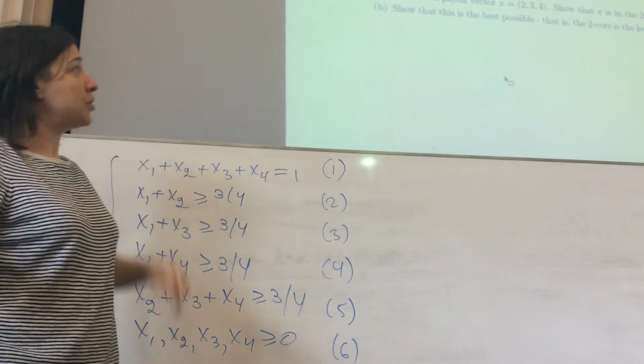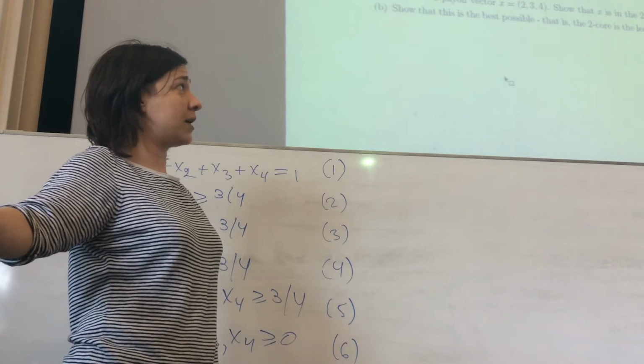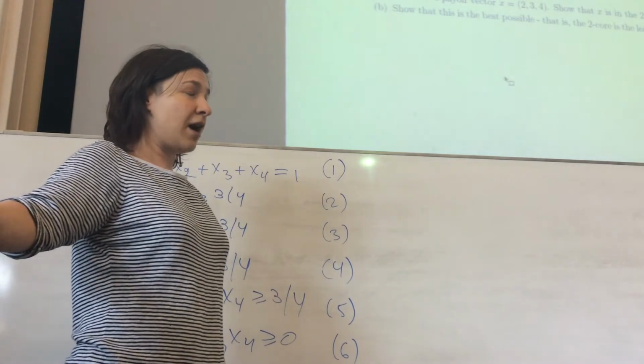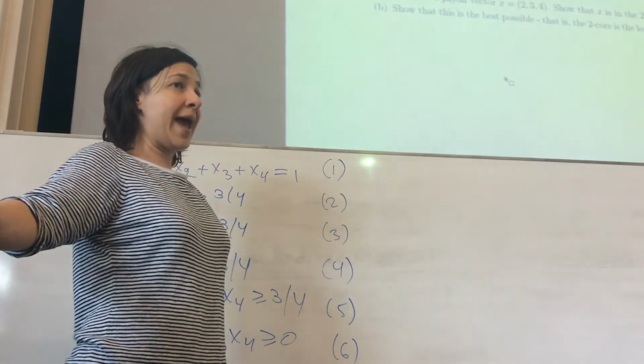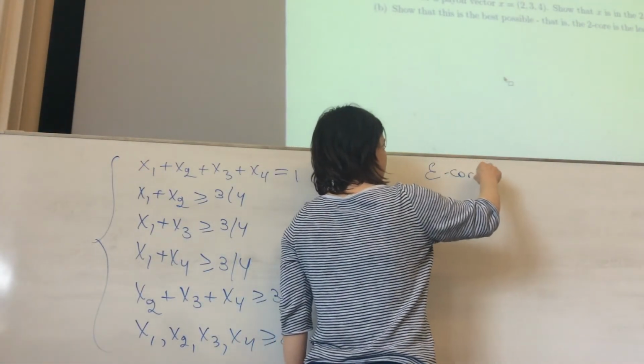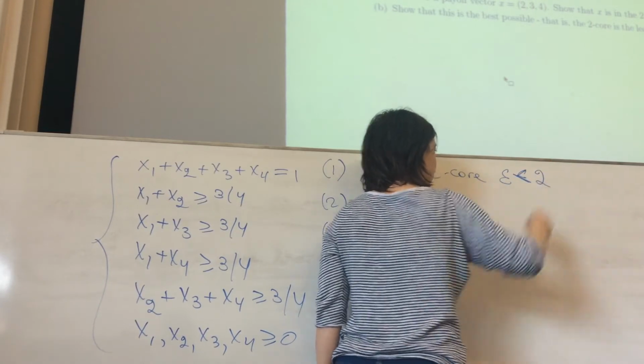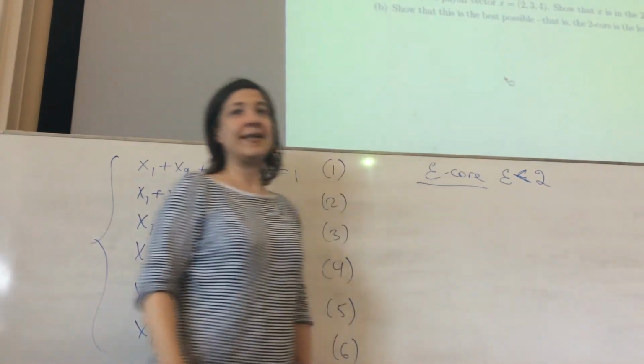Now we have to show that this is the best possible, that is, that the 2-core is the least core. In other words, for any epsilon-core where epsilon is less than 2, the epsilon-core is empty.